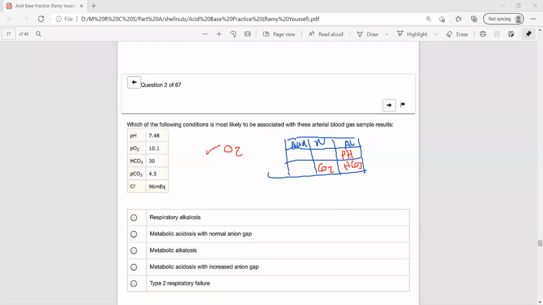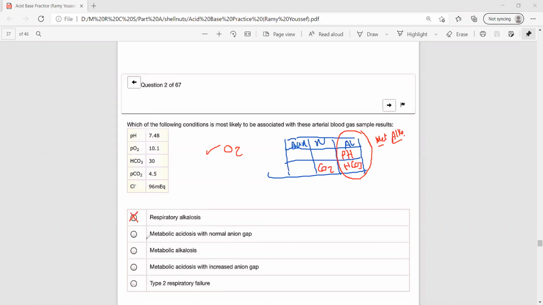So for this condition, what do you expect? It is metabolic alkalosis, uncompensated. This is rarely seen, by the way. Is it respiratory alkalosis?